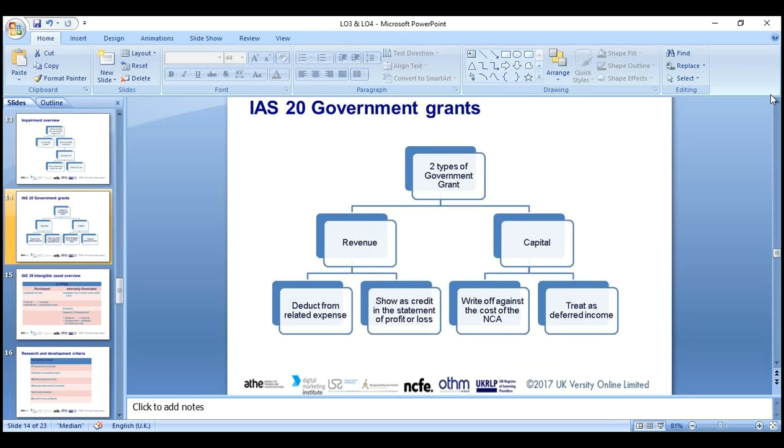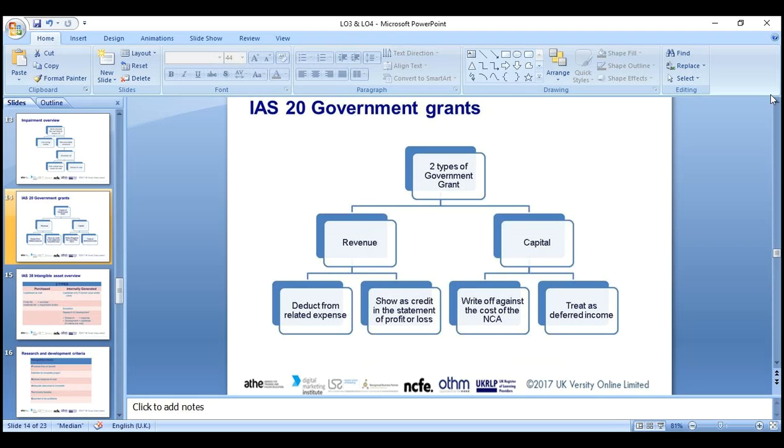So revenue grant is deducted from the related expense and shown as a credit in the statement of profit and loss. So if we receive revenue from the government and we deduct our expenses, we can have a profit that will show in the statement of profit and loss, and expenses go in the statement of profit and loss as well.